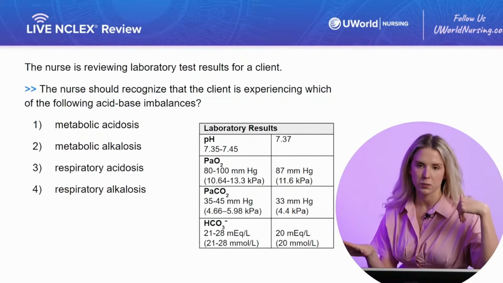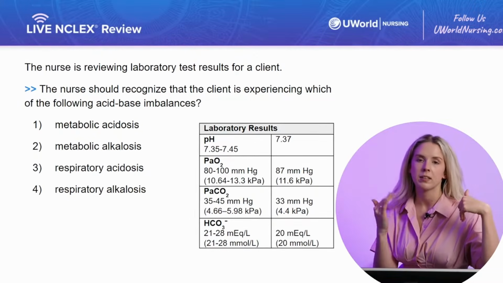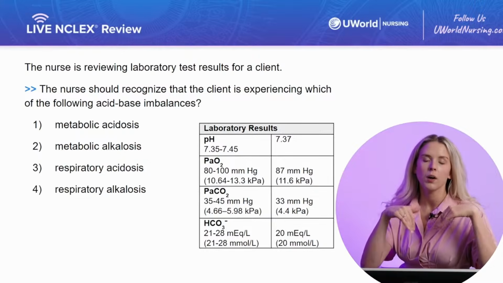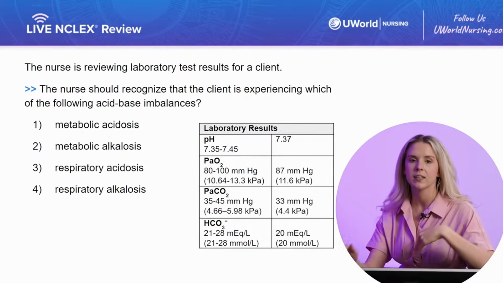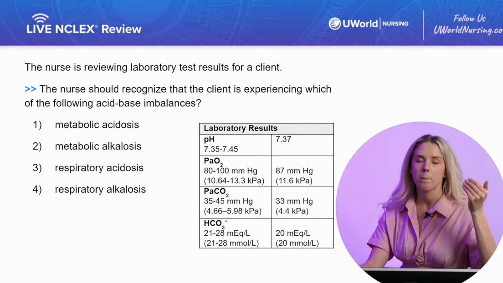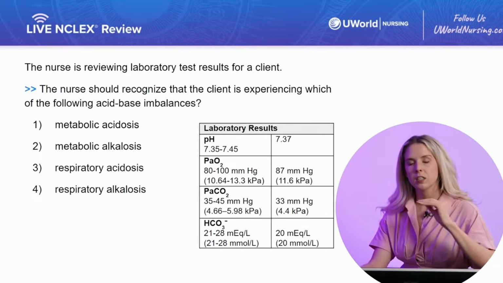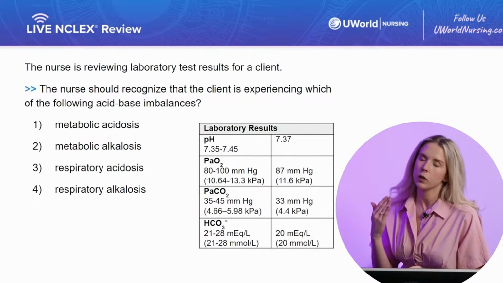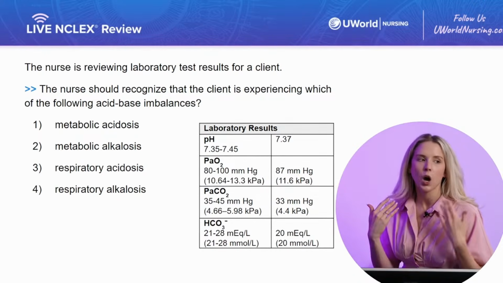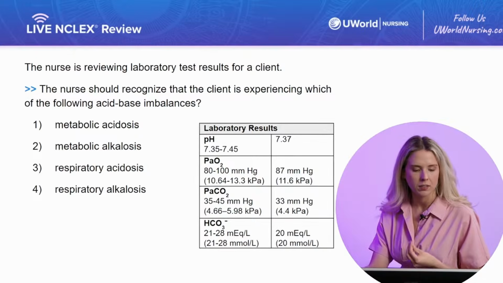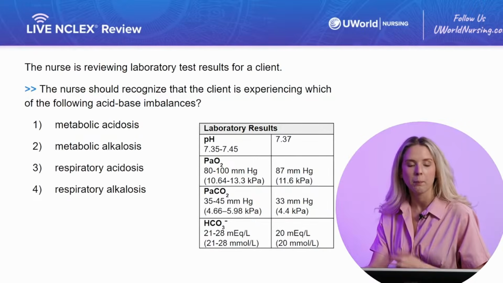So we know it's not respiratory, but our bicarb is low as well. So metabolic equal, they're both trending downwards. In this case, we know it is metabolic. So we know it's metabolic acidosis, and because our pH has been compensated for, therefore it's returned to a normal range, it's compensated metabolic acidosis, which would be option number 1.